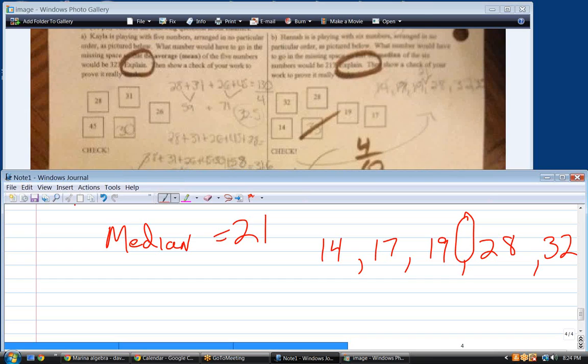So what is that number? How far away from 21 is 19? 2. So we need to go 2 on the other side of 21. So it'd be 23. If we stick 23 right in there, then that list of 6 numbers, the median is halfway between 19 and 23, or 21.